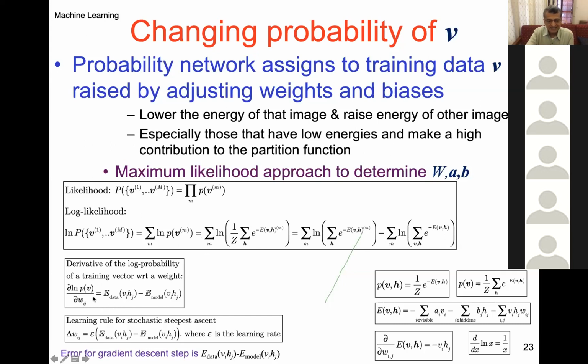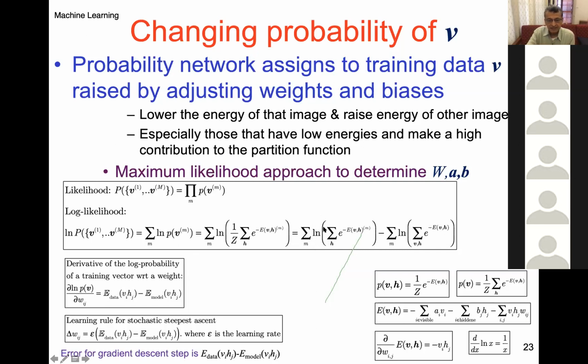The previous slide said that the derivative has that simple form, so Wij is occurring here. And when we sum over samples, we can say that's the expectation.